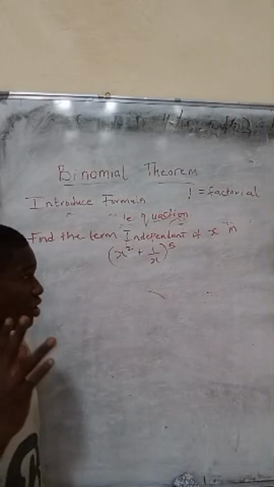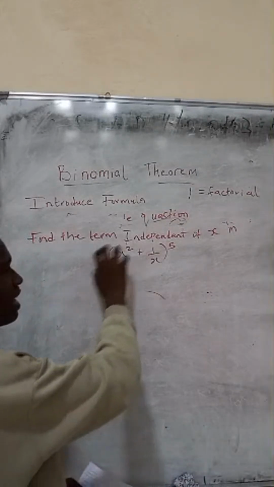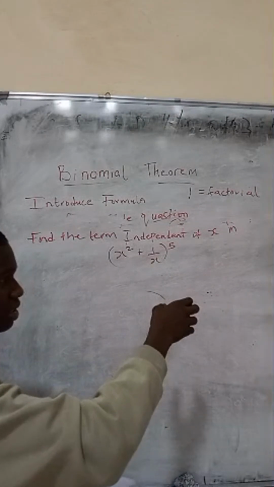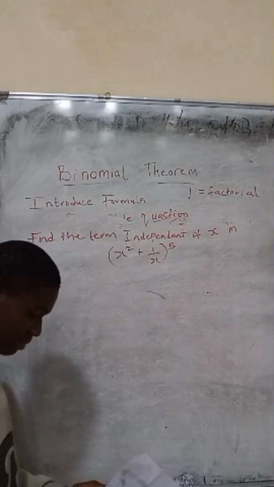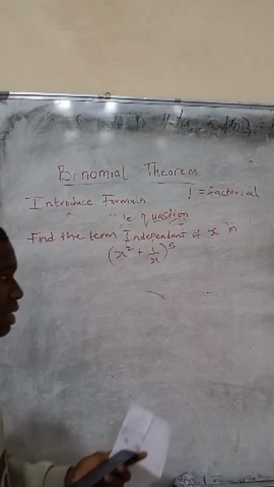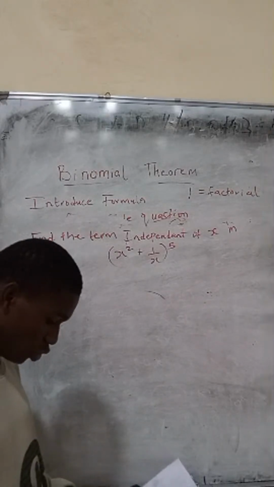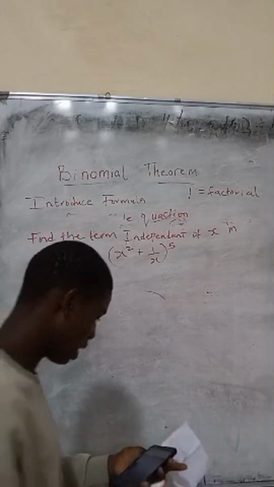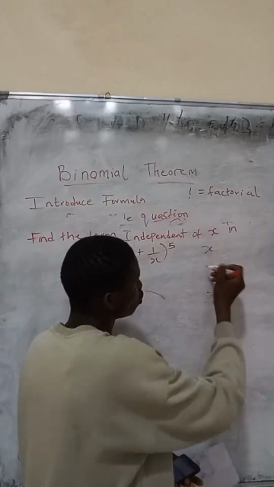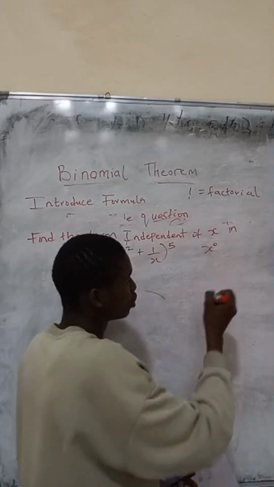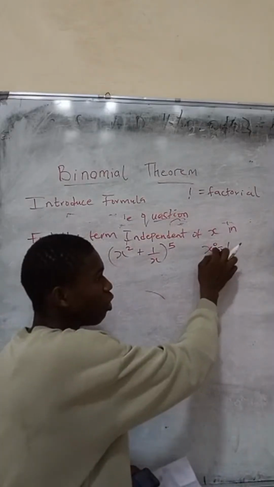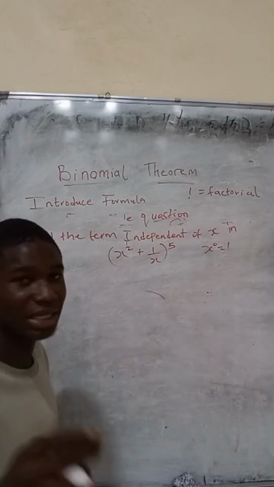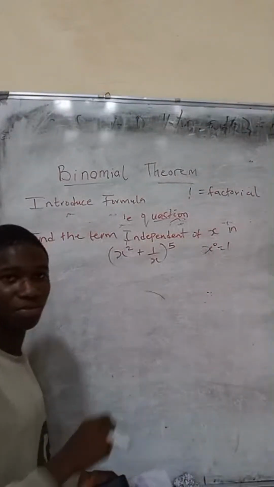Now, the question says we should find the term independent of x in this expression. Before you say anything is independent of x, that term should have x raised to the power of 0, which gives 1. If it is not x raised to the power of 0, then it is not independent of x.